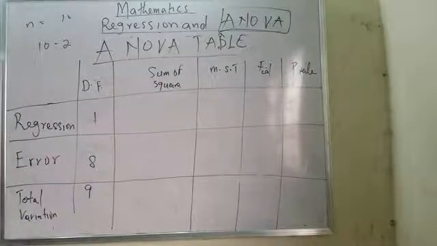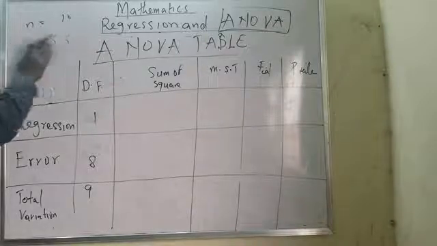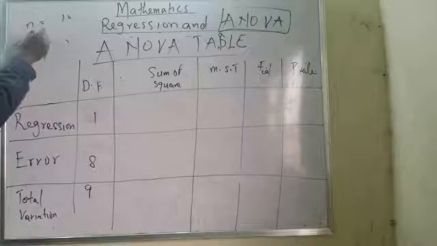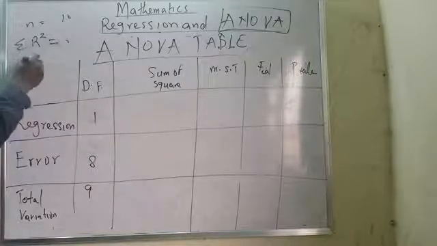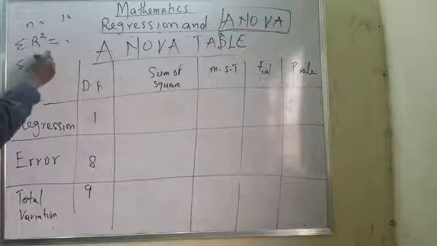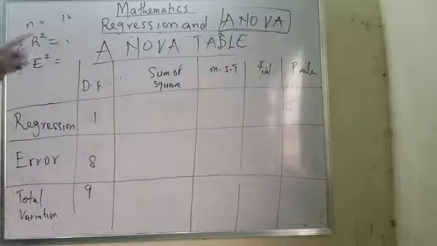Now, the next thing is that I want to find my sum of square error. From my table, after I've generated my table of y cap and my error, I take my summation of error squared, and that is what I'm going to put here.